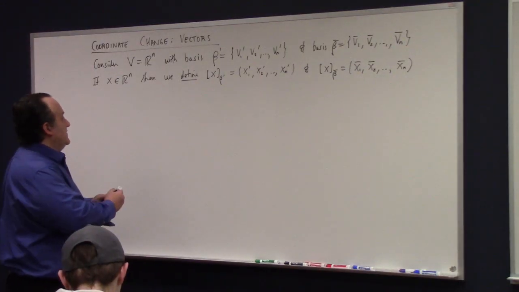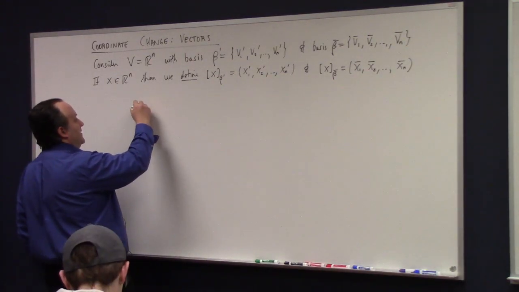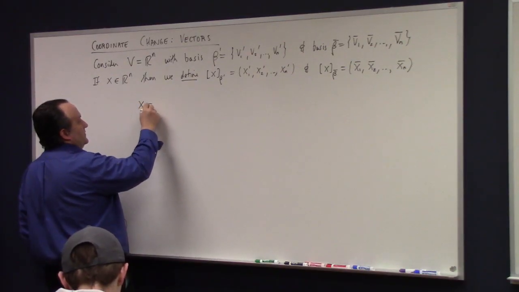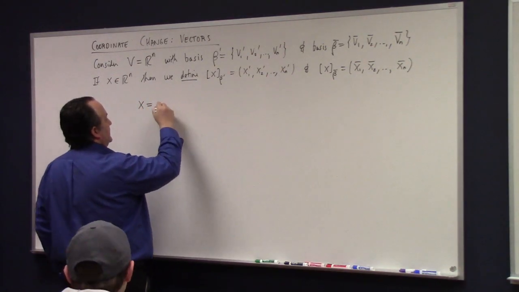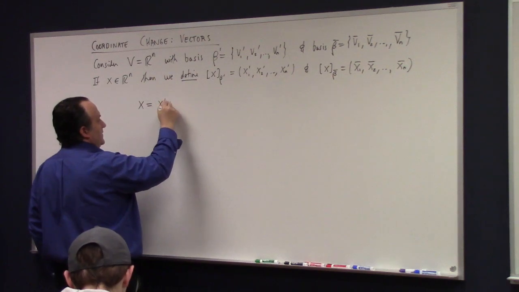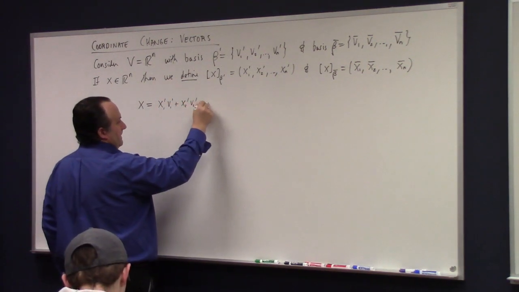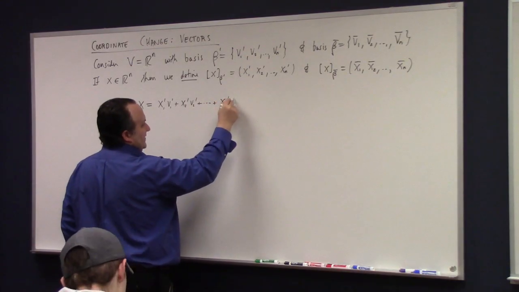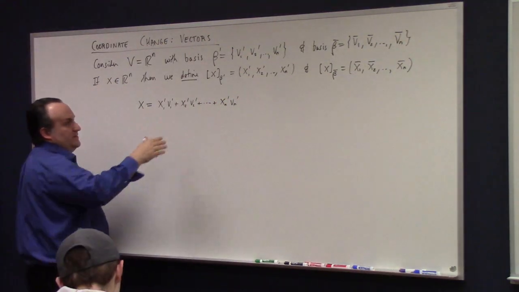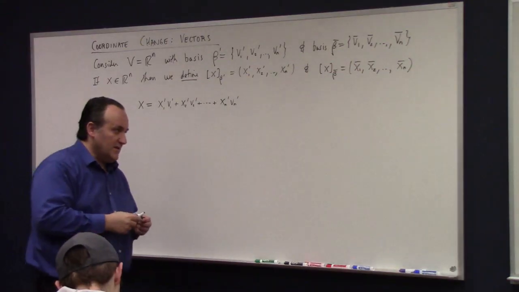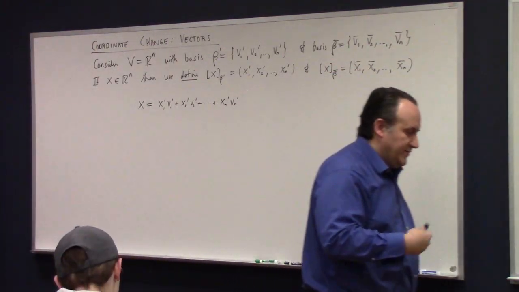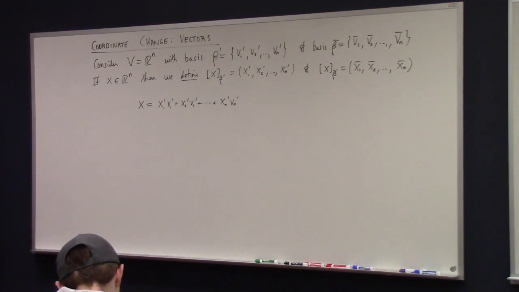So you guys tell me, what does this mean then? We have, on the one hand, x is equal to x1 prime v1 prime plus x2 prime v2 prime plus xn prime vn prime, right? That's what it means to say that the coordinate vector is x1 prime, x2 prime, all the way out through xn prime.